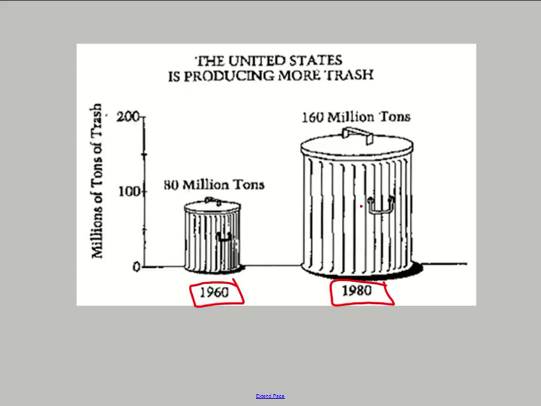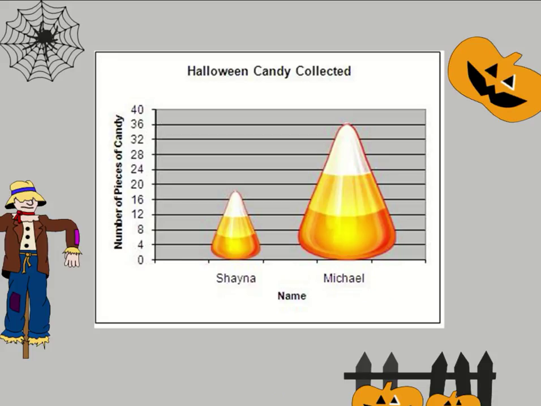It looks like it's maybe quadruple. If they had drawn the same trash can twice, then we could compare it a little bit better. With the images, they're making the amount of trash in 1980 look way more than it truly is. Same thing here with Halloween candy collected. Michael's looks a lot bigger than Shayna's, but it's really only double what Shayna had.